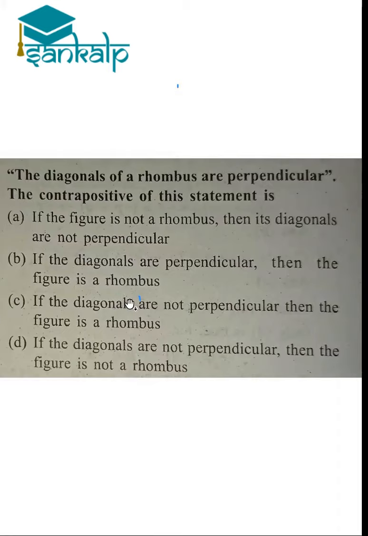In both the cases we need to use not. So the right option is: the diagonals of the rhombus are perpendicular, contrapositive, if the diagonals are not perpendicular, then the figure is not a rhombus. So the final answer will be option D.